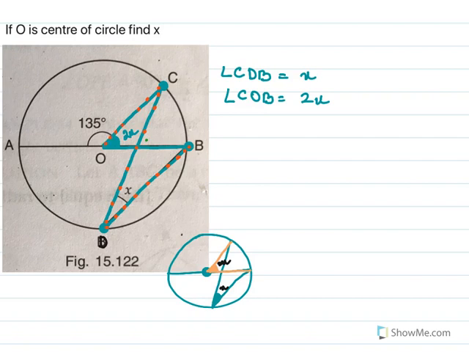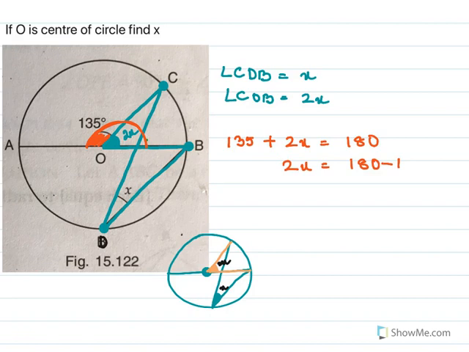The angle COB will be 2x. Next part, we'll take a linear pair. Here we see we have a linear pair, that is 135 plus 2x. See, this is 135 plus 2x equal to 180.